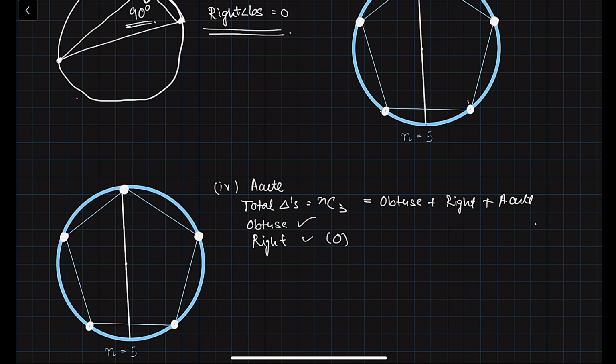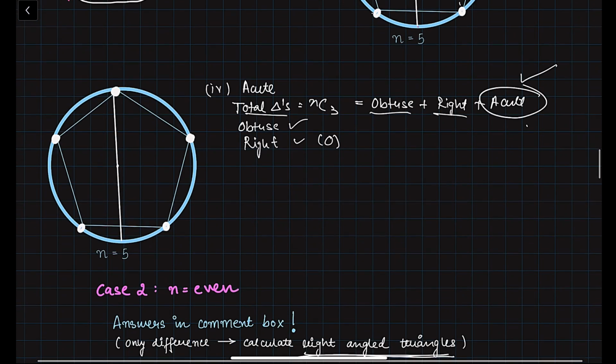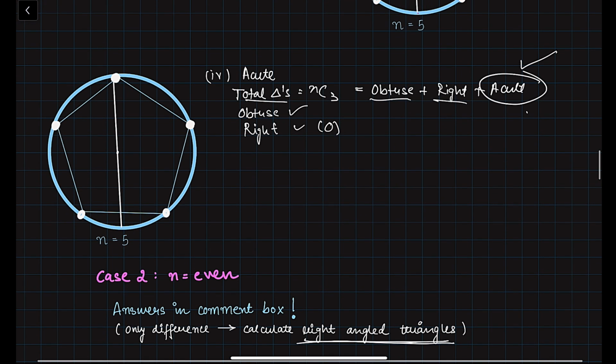Since we have the data for the others, we can find the number of acute angle triangles. Now that I have done a detailed analysis for the case when n is odd, I'd urge you to try the case when n is even and put your answers in the comment box. The only difference here is you have to calculate the number of right angle triangles. It won't be 0, and also the number of points on either side of the circum diameter is (n-2)/2.